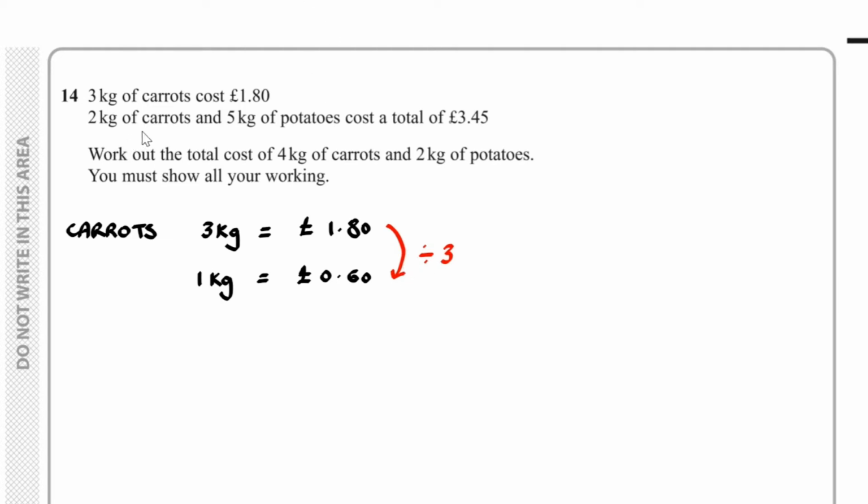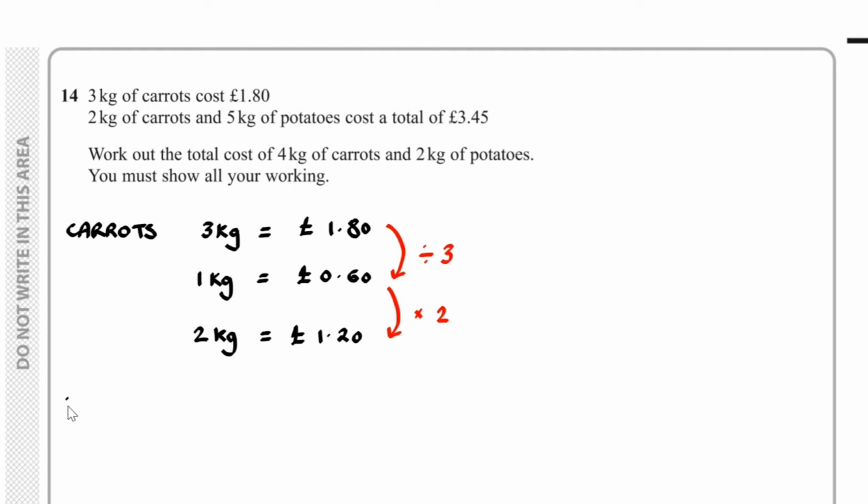Now, we know that 2 kilograms of carrots and 5 kilograms of potatoes cost a total of £3.45. So first of all, let's calculate the cost of 2 kilograms of carrots. That's going to equal £1.20. And the reason this works is because from 1 kilogram to 2 kilograms we times by 2.